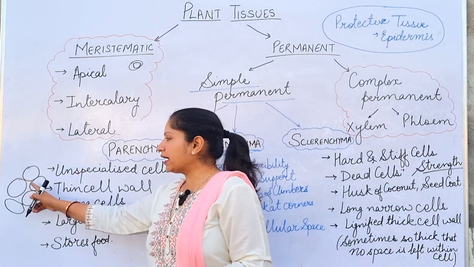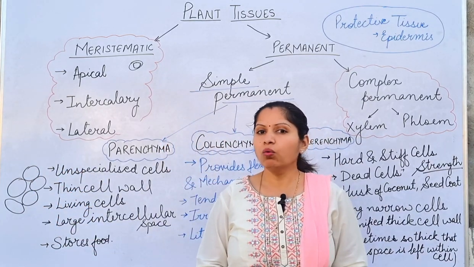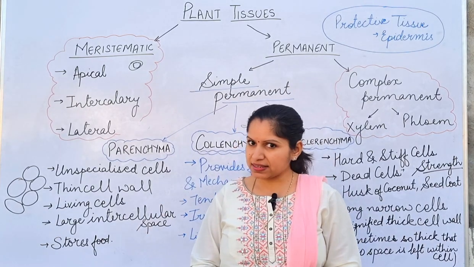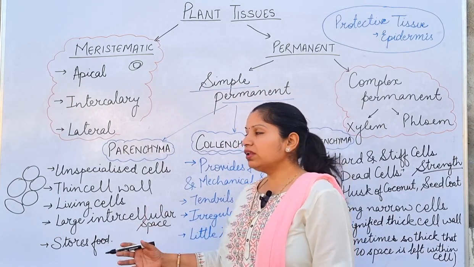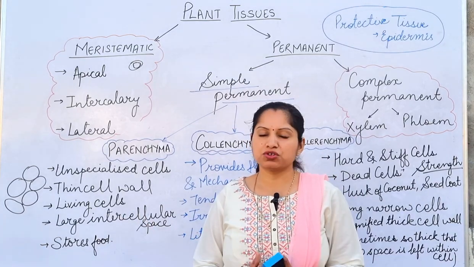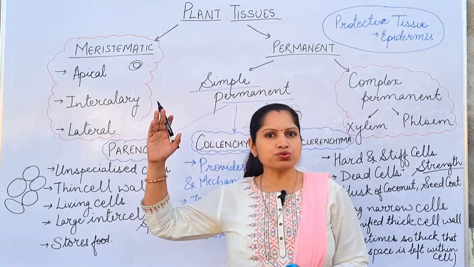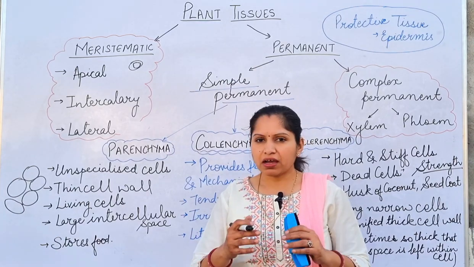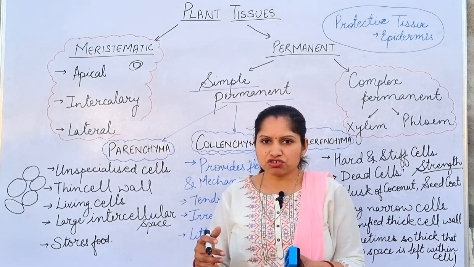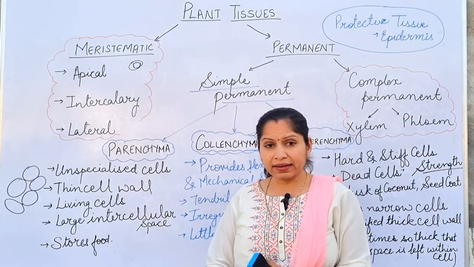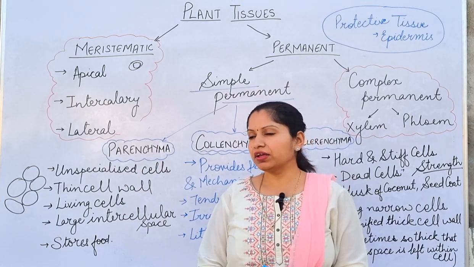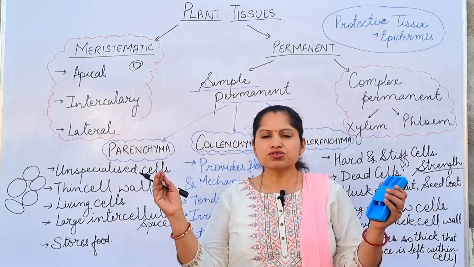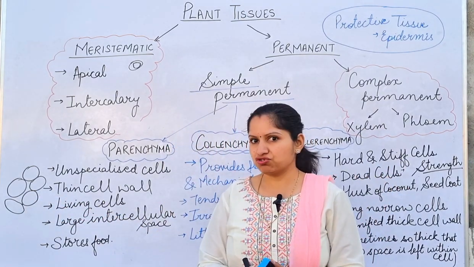Then, apart from that, they are living cells and they have a large intercellular space between them. Meristematic tissues were very compact. They did not have much space between them. But now they start moving away from each other, and so the parenchyma tissues have a lot of intercellular space between them.